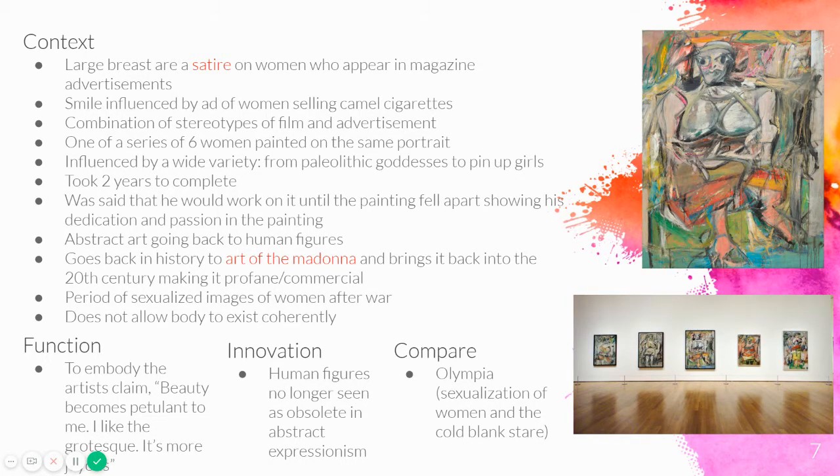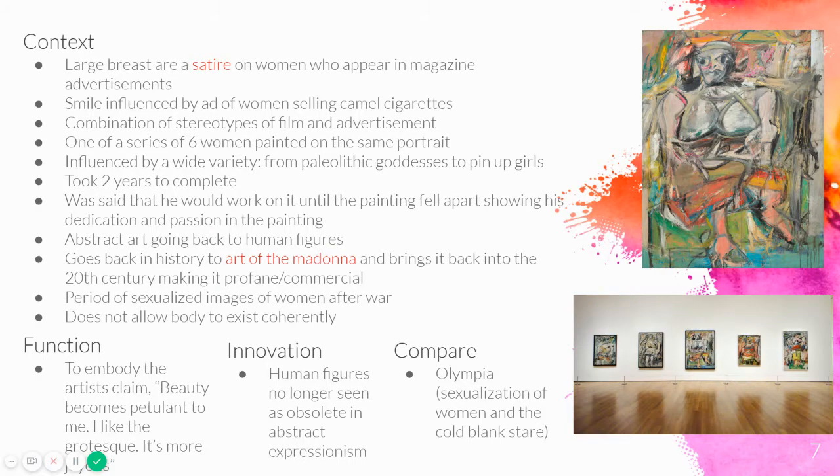And actually, the whole entire series are satirical commentaries of women in general, women throughout history. But this one in specific is just about women in advertisement. Okay, sorry, I wanted to make that clear.